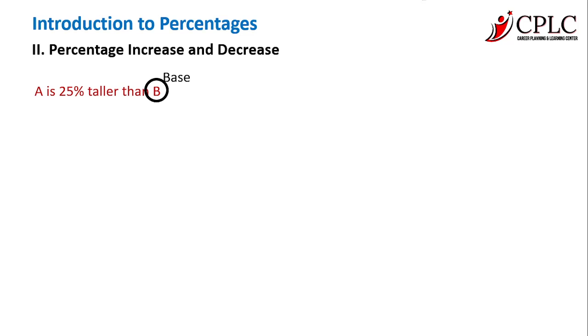And then the first method that we are about to see is something that you have been doing since school days, which is called the method of base 100. As the name suggests, in the method of base 100, we take the base value as 100. We already know from the statement that b is the base, so we take b as 100. If b is 100, obviously a is 25% taller than that.